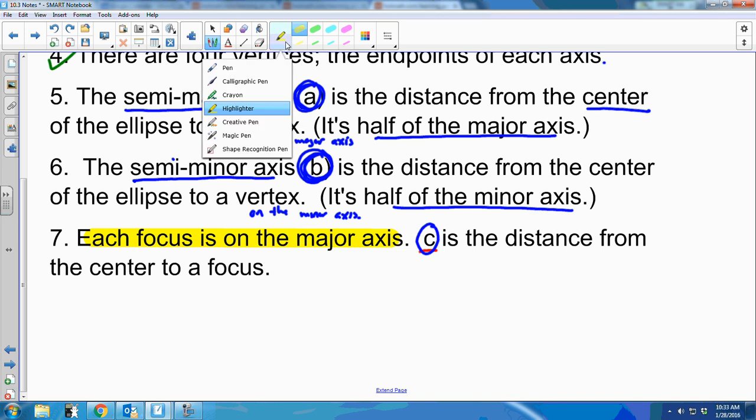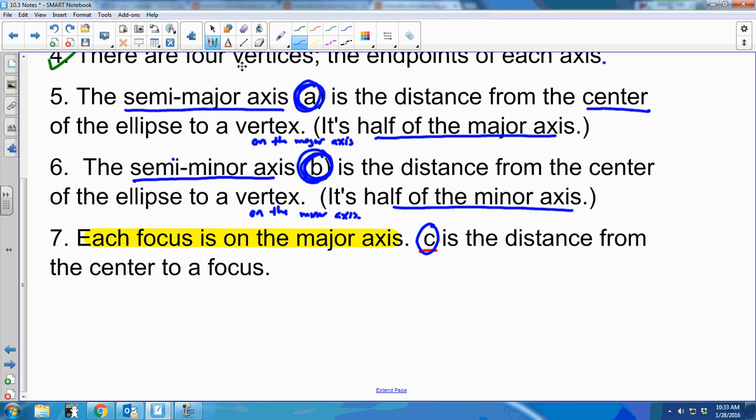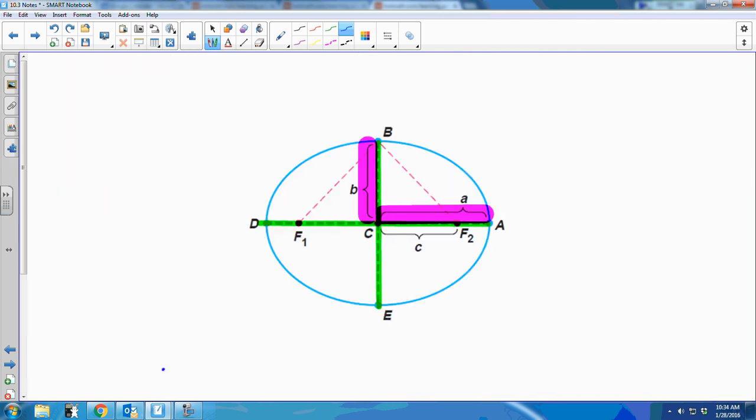And then C is the distance from the center to a focus. We need to know what C is as well, probably. So again, the foci are inside the ellipse, and C is the distance from the center to one of those points.